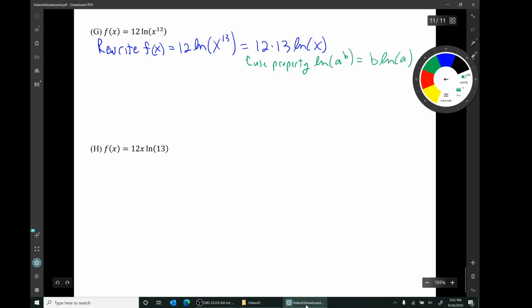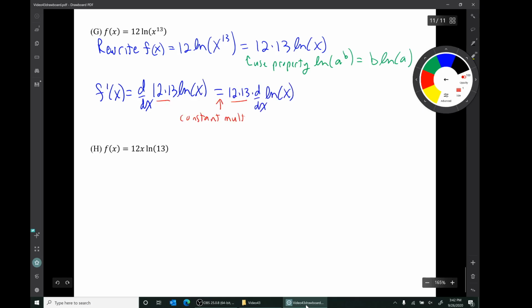So we use the property that ln of a to the b is b ln of a. Now we're ready to find the derivative. So the result is that f prime of x is 156 over x.